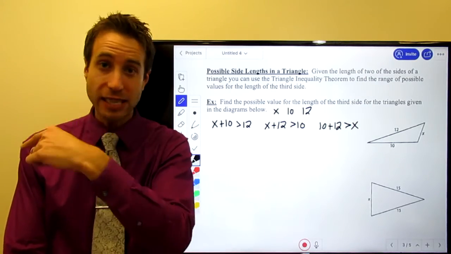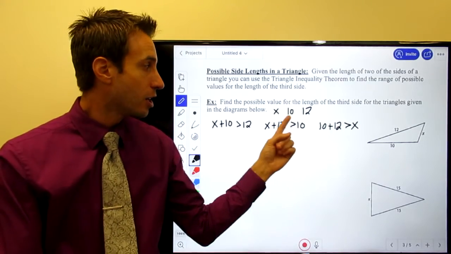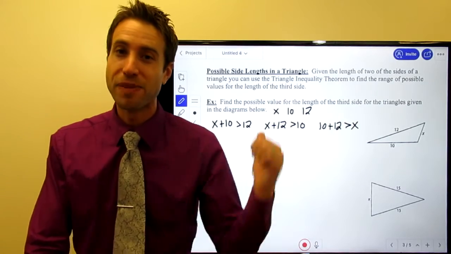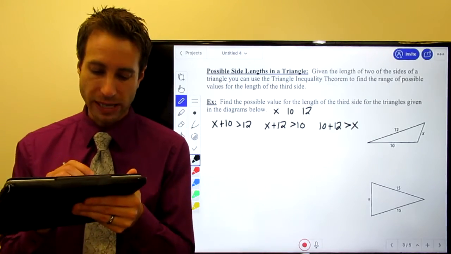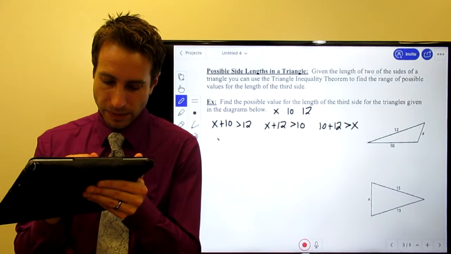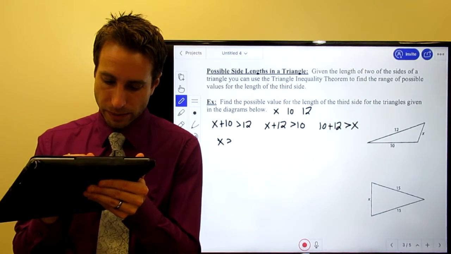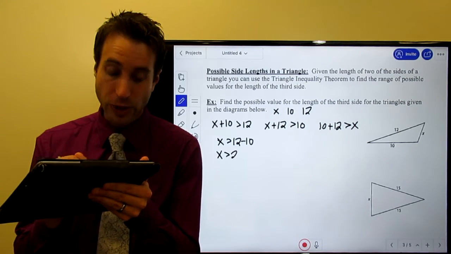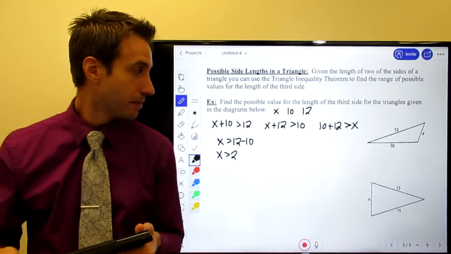Exact same thing we did on the previous page, except now you have a number that you don't know, and we'll go ahead and find it. Solve each of these inequalities. I will subtract the 10 to the other side. x is greater than 12 minus 10, which means x is greater than 2. Pretty easy.